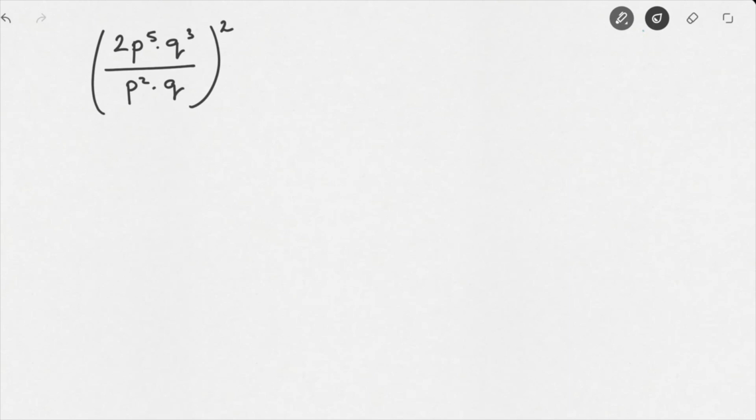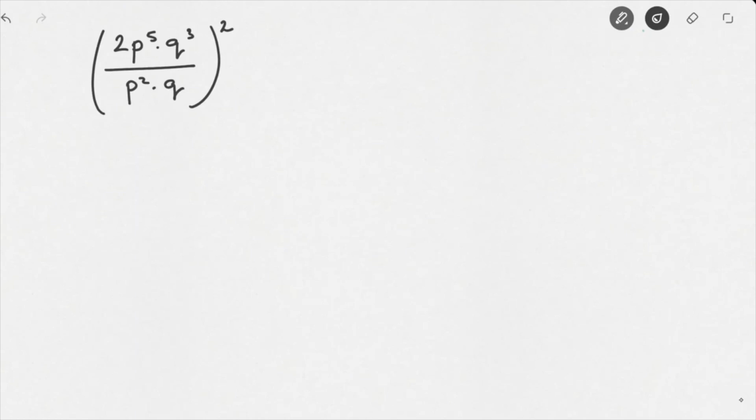Now the trick here is to simplify as much as possible inside the parentheses. Looking at the terms inside the parentheses, we can see that both the numerator and the denominator have a p raised to some power, so we'll be able to use the laws of exponents there. We also see that both the numerator and the denominator have q raised to some power. So again, we'll be able to use the laws of exponents.